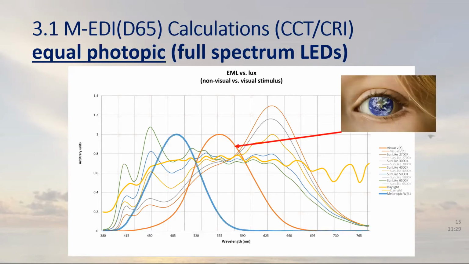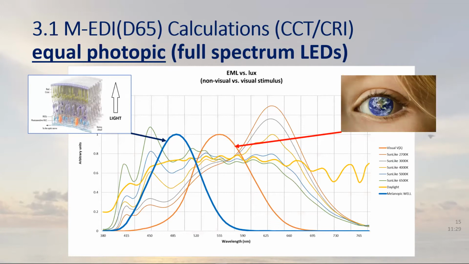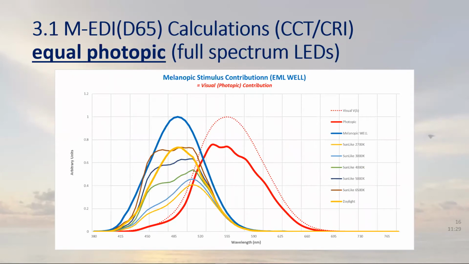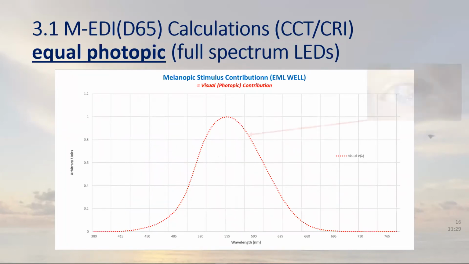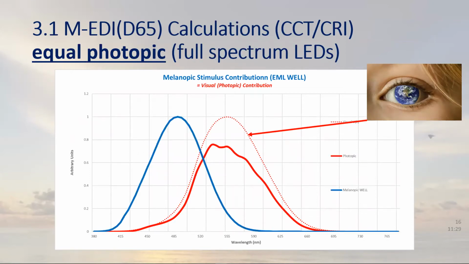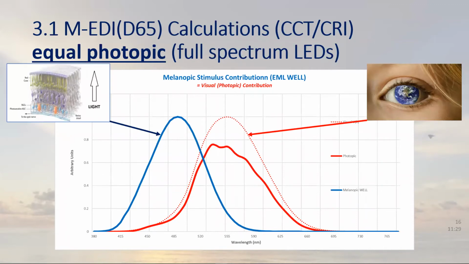The question is, what's happening in the non-visual? And this is what we need to evaluate. So if we go into the detail of the non-visual, this is what we get. Let's go step by step. So this is the visual, and for all the light sources, we calculate the photopic that is going to be this one. And for this equal photopic condition, this is what we get in melanopic.